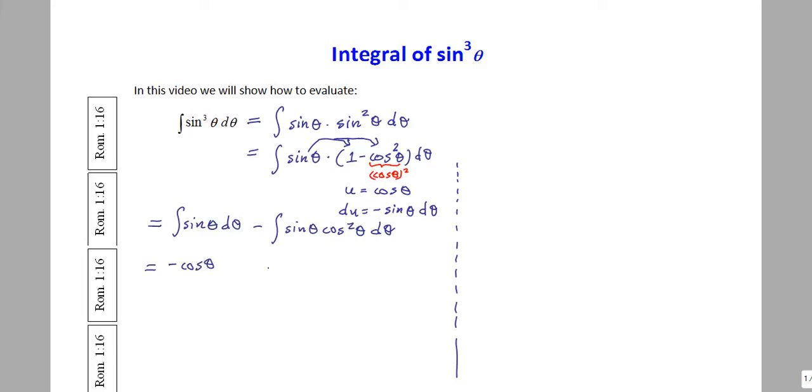And then notice in the right integral, I have the minus, I have a sine theta, and I have a d theta. And all of that is just equal to du. And moreover, we looked ahead and we said, let's write cos squared theta as cos of theta being squared.